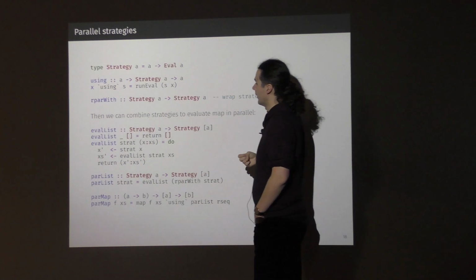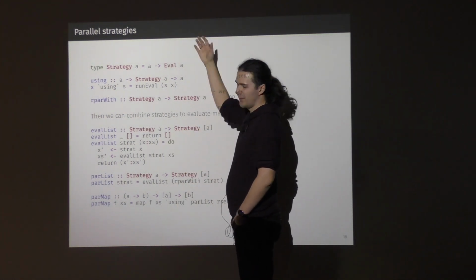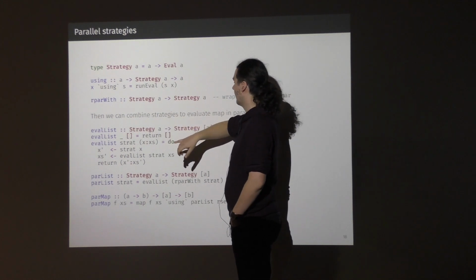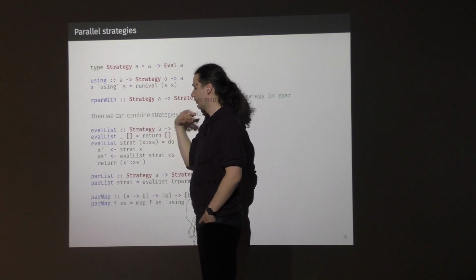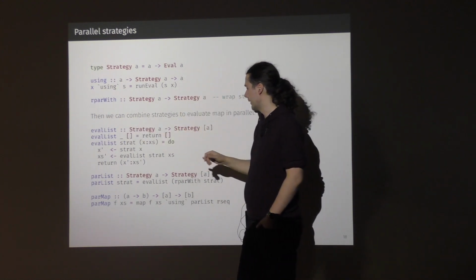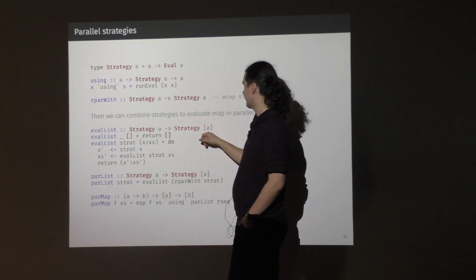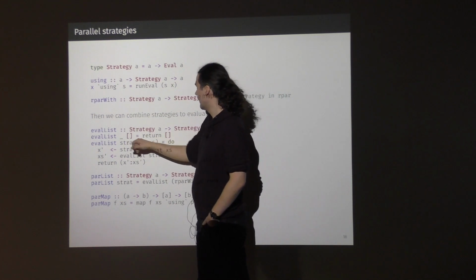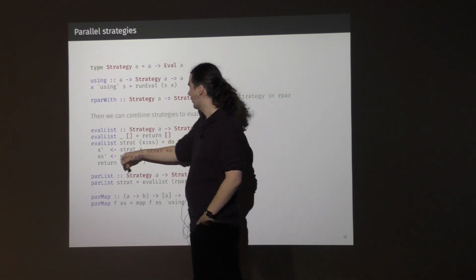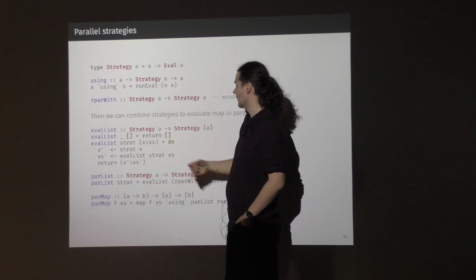So we define a function, this is part of the library actually, that takes the function that will be used to evaluate the elements of the list with some strategy, and it will return the strategy for how to evaluate the whole list. So the strategy is the argument, and here we have a list, so we evaluate the value with the strategy and we evaluate the rest recursively.